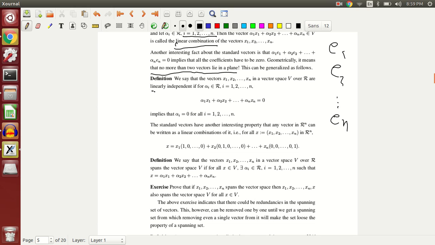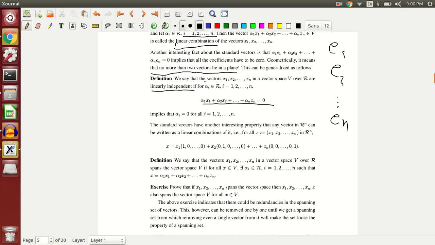You have scalar multiplication of a scalar with a vector, and if the linear combination of scalars with vectors equates to 0, this is the condition for linear independence.